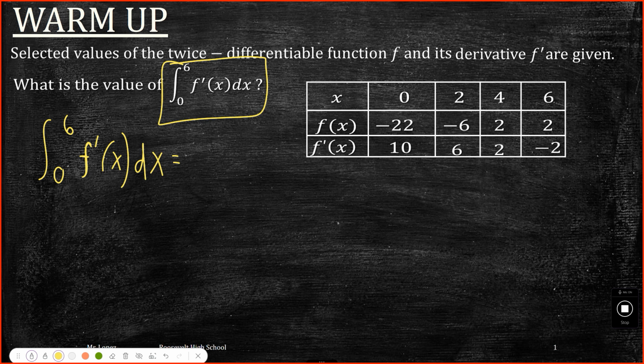The antiderivative of f prime would be f, so it has to be f of 6 minus f of 0. And then f of 6 is 2, minus f of 0 is negative 22, which would be 24.